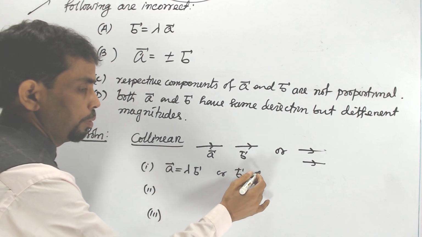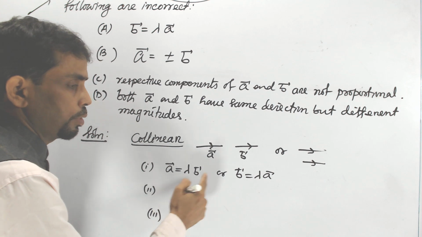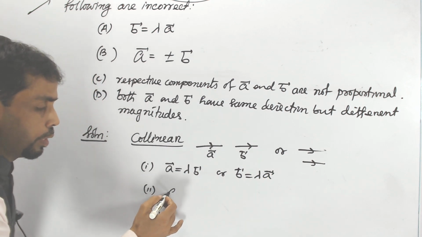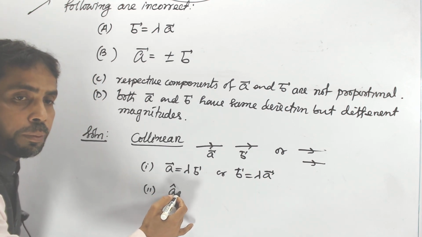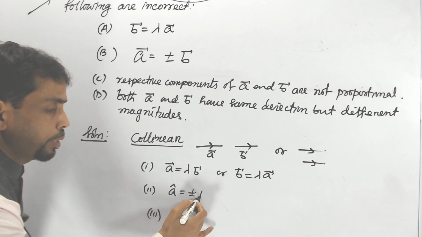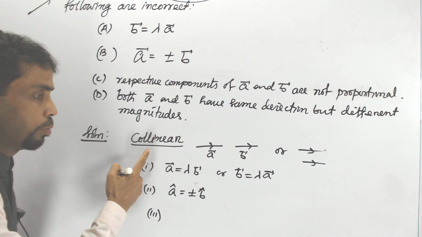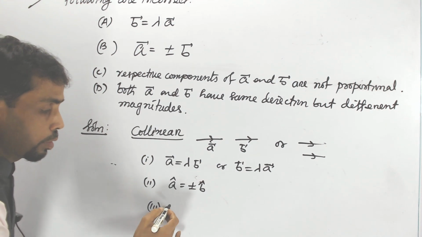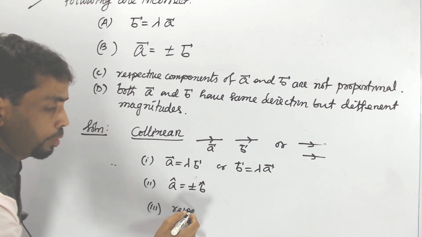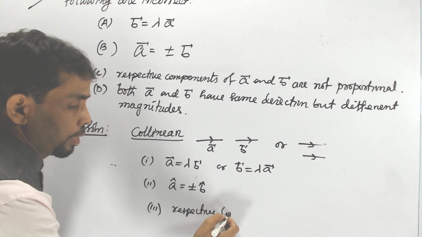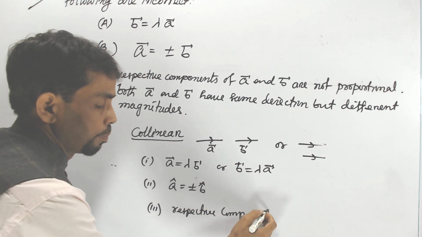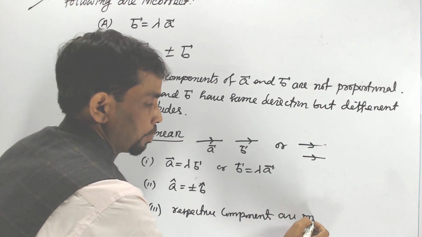First condition, A equal to lambda B or B equal to lambda A. Same meaning, we can use the first or the second. Then the unit vector of A will be plus or minus the unit vector of B. This is another condition for collinear vectors. The third condition is that the respective components of A and B are proportional.